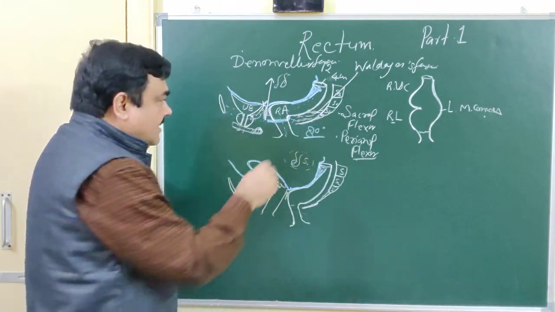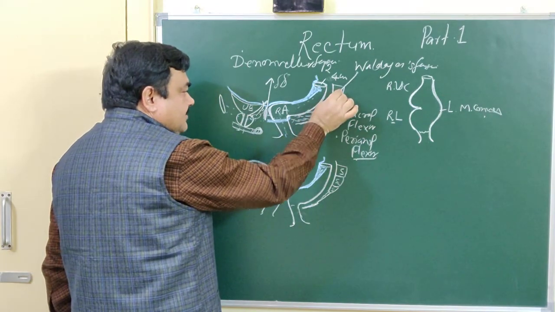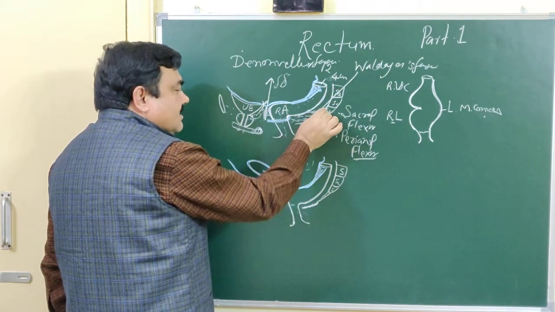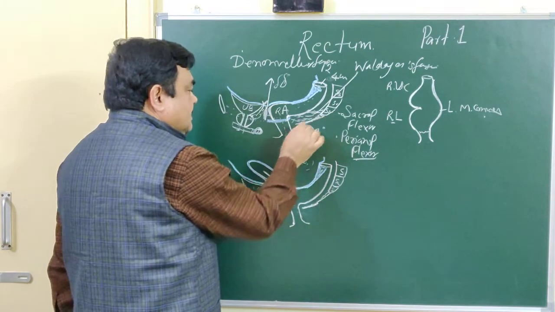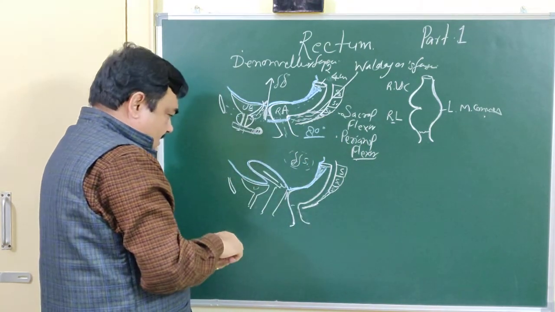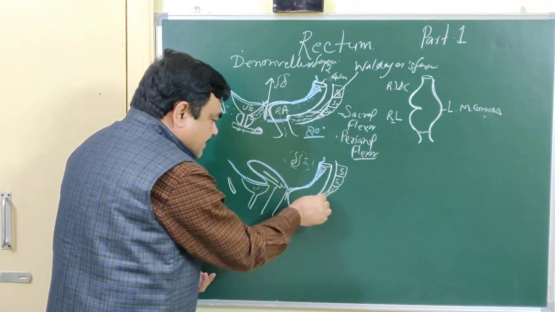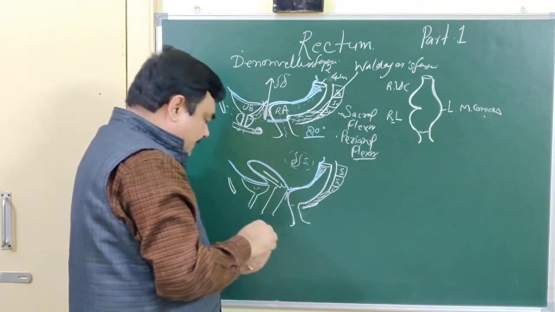And under it are the S3, S4, S5 segments of the sacrum and coccyx. In the female also here is Waldeyer's fascia.